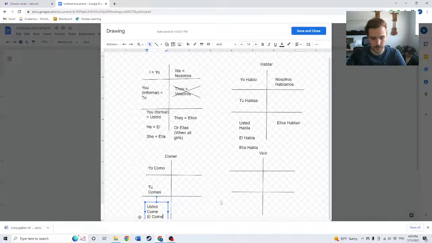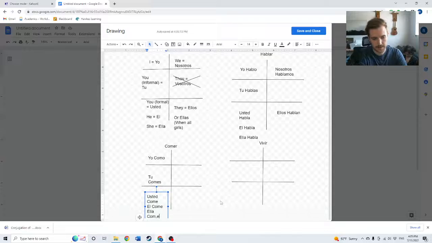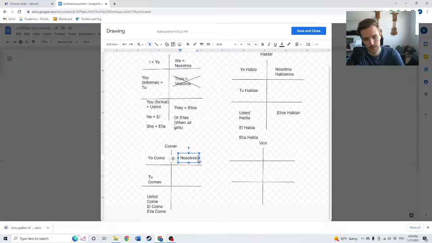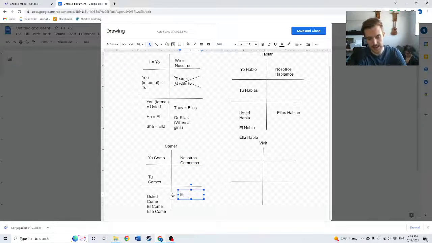And then ella come. And then after that, we've got nosotros comemos. We've got the one vosotros, which we're not going to do. And then ellos comen.